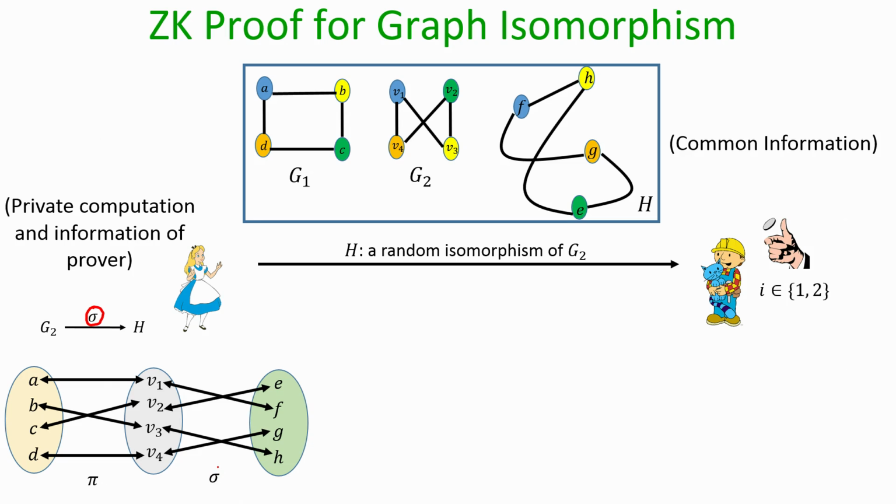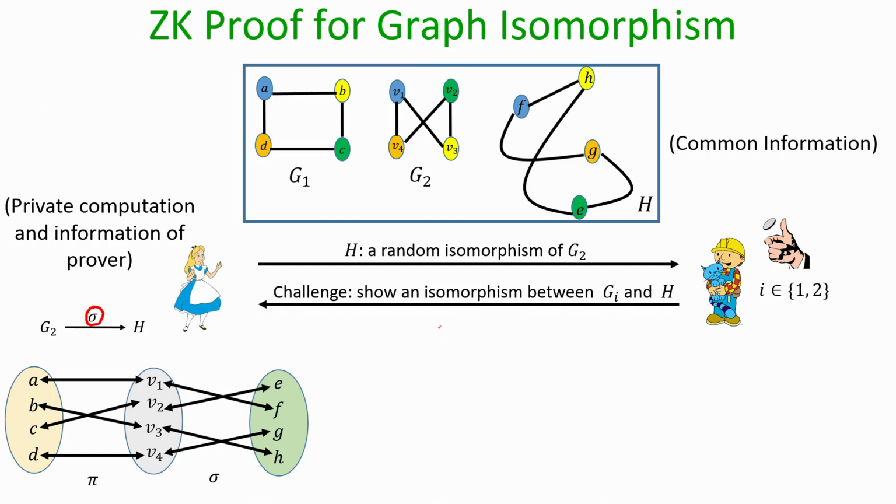Now Bob picks a random coin, and with probability 1/2 the coin gives the output 1, or with probability 1/2 it gives the output 2. Bob then challenges Alice to show an isomorphism between the ith graph and the new graph H which Alice has committed.